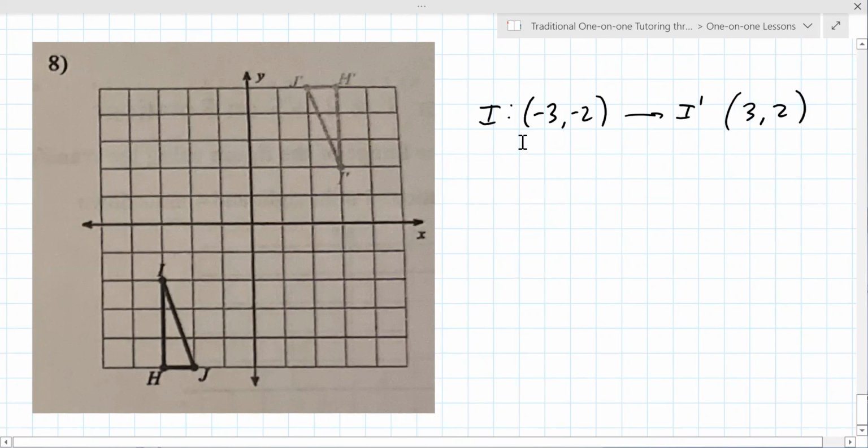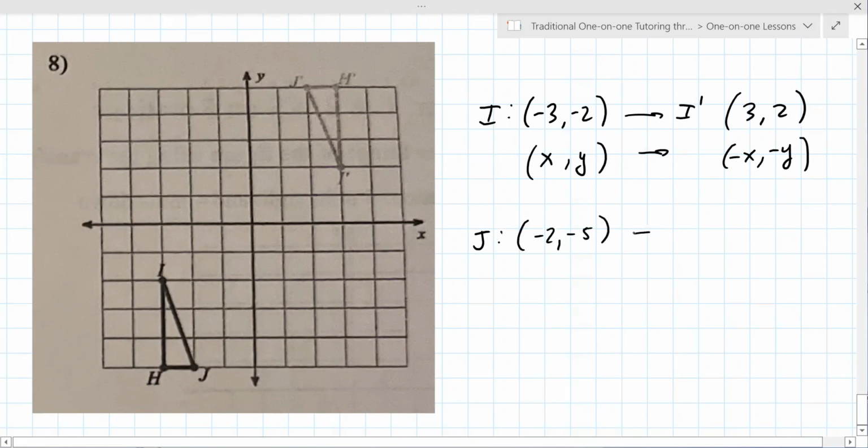What do you notice is the same or different about like the X value to the X value, the Y value to the Y value? It goes from negative to positive. Yes. So we might think the rule is keep the value, but just negate it. Let's see if that works for J. So J is -2, -5.